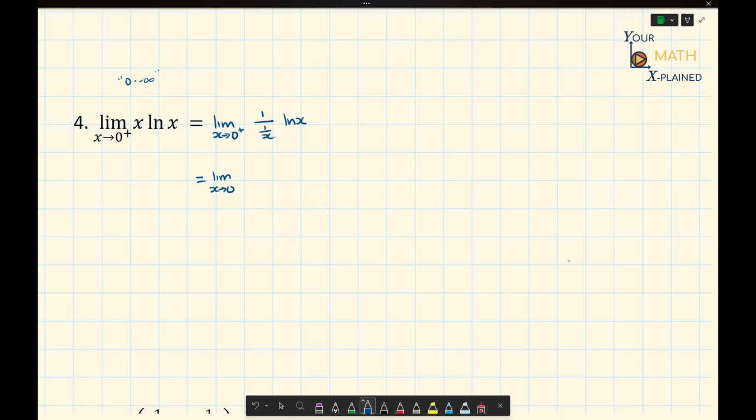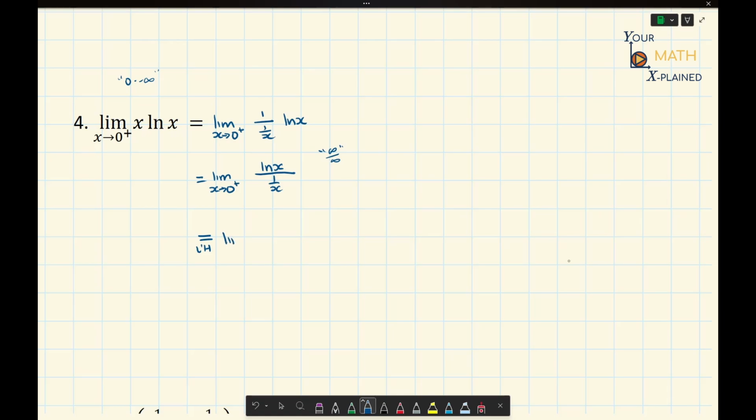So this is the limit as x approaches 0 from the right-hand side of ln of x over 1 over x. And now notice that if we try to substitute in 0, we get that this is in the form of infinity over infinity. So therefore, we can go ahead and apply L'Hopital's rule.